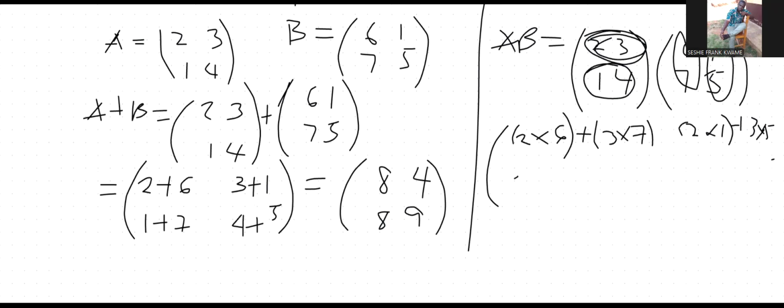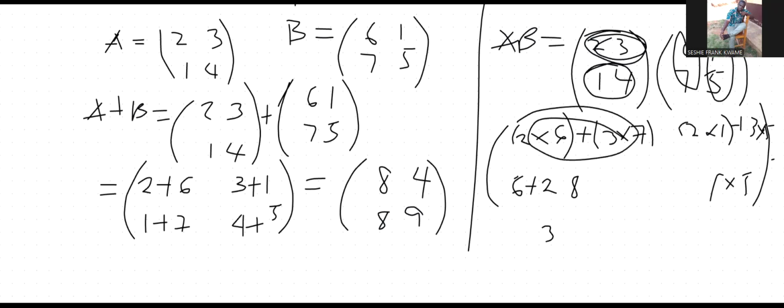Then 1 times 1, 4 times 5 is 20. So that will be 12 plus 21, that's 33. 6 plus 20, 26. 10 plus 15, 17. 1 plus 5. That gives you the answer we have there.